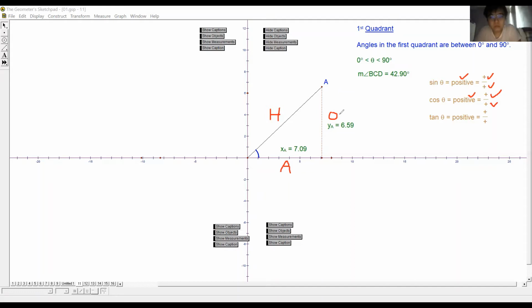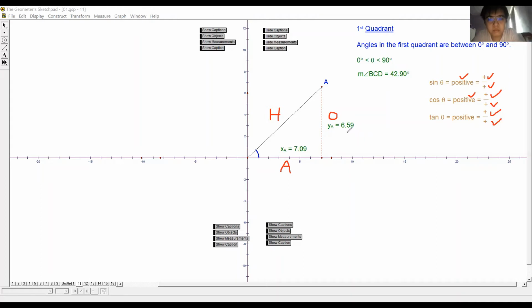Now we look at the trigonometric function that we usually see, tangent theta. Tangent theta is opposite over adjacent. In the first quadrant, the opposite, the y coordinate, is a positive number, and the x coordinate is also a positive number.